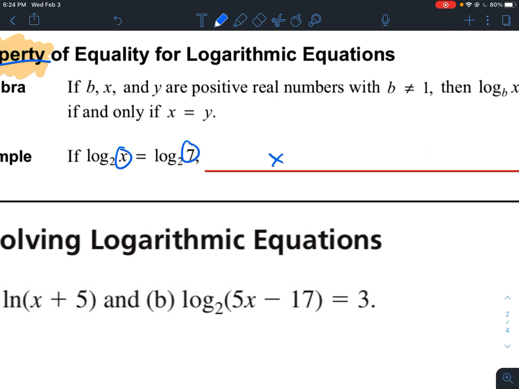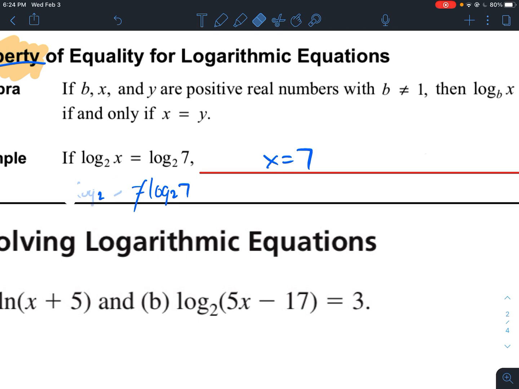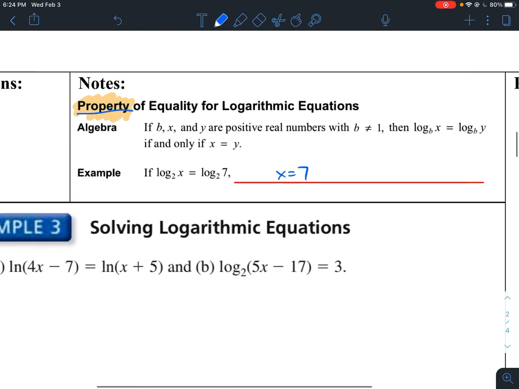So x must equal 7 in this case. Because log base 2 of 3 is obviously not equal to log base 2 of 7. You'll get different answers. So the only way to make this statement true is to set the arguments equal to each other.